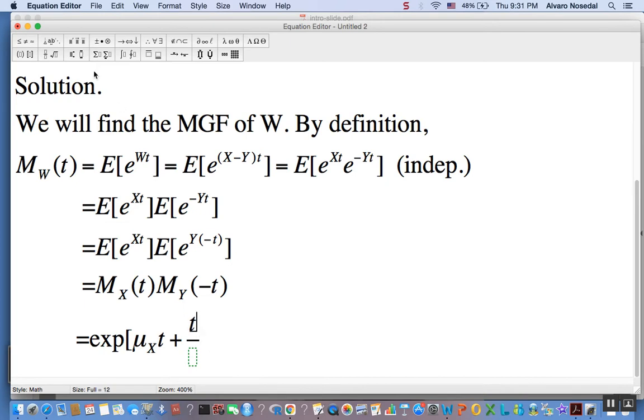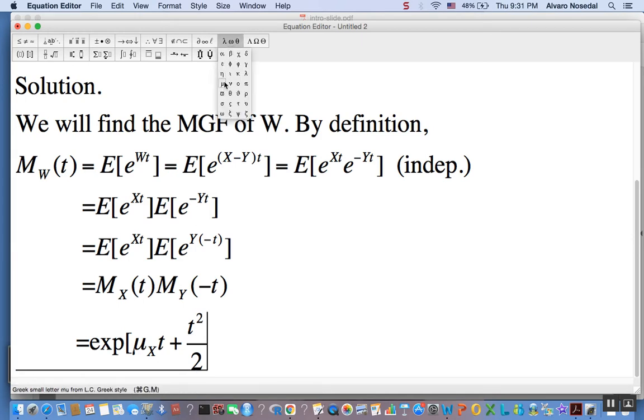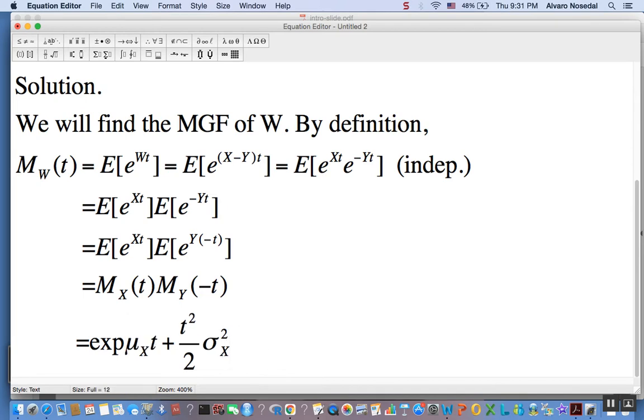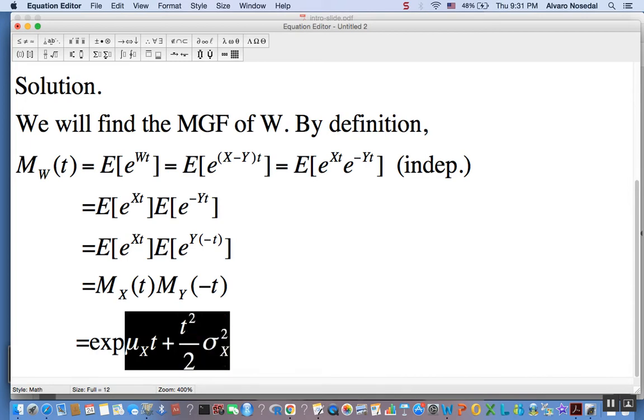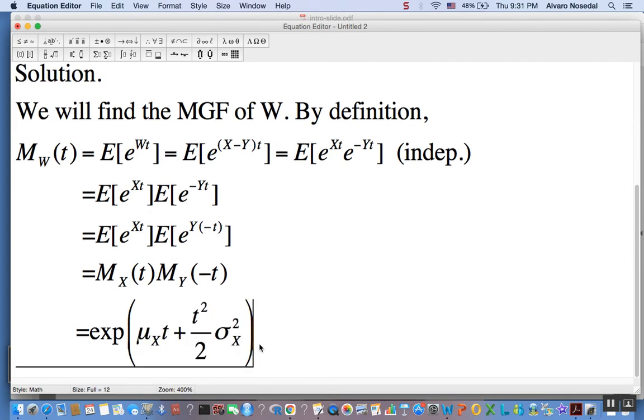We're going to have t squared divided by 2, and here we will also have, let me place it here outside, sigma squared of x. Okay, that's something that we learn in a probability course, the expression for the MGF of a normal, right?